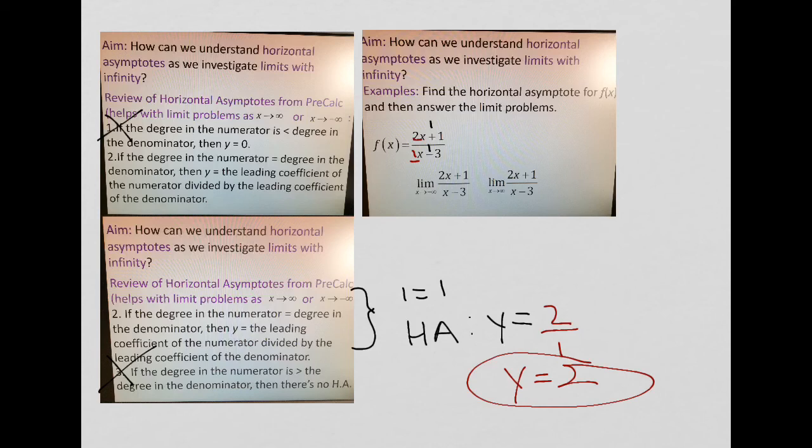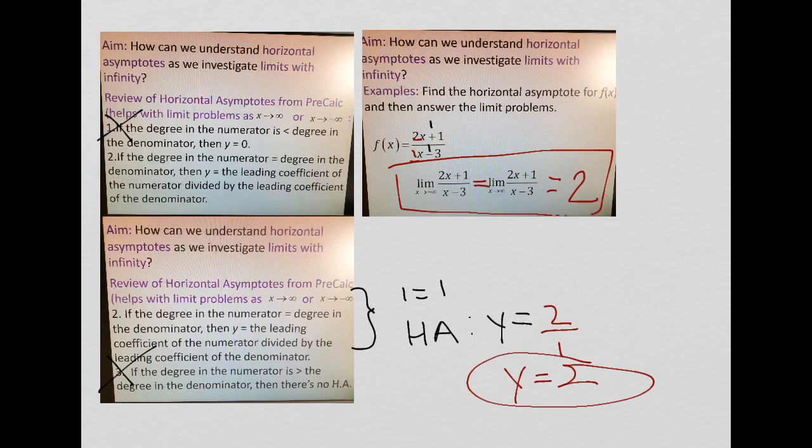So now, it just so happens that these problems right here that we have to answer are very simple, okay? They equal the horizontal asymptote, which is 2. Okay, so I can do something like that, or I can say that this one is also 2. Either way.